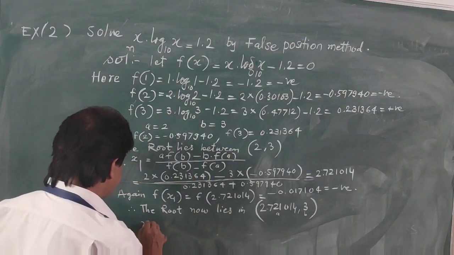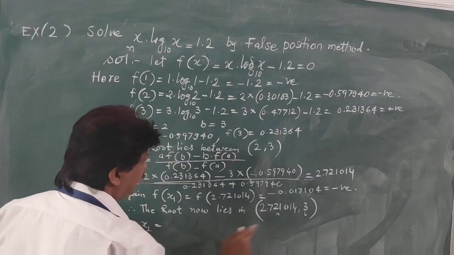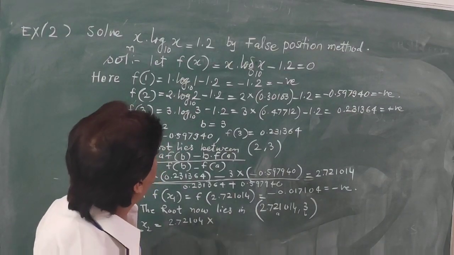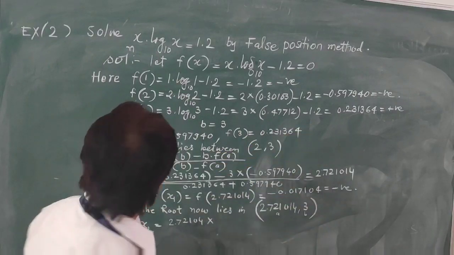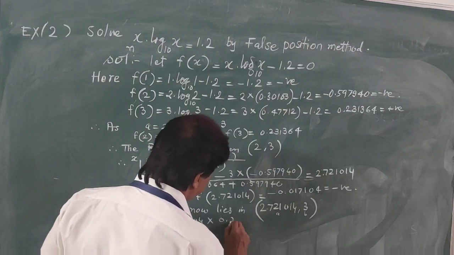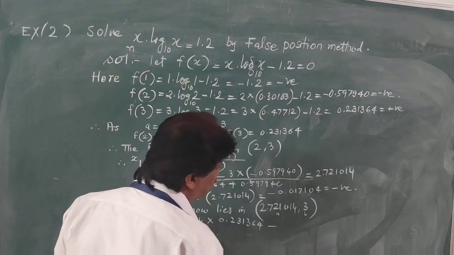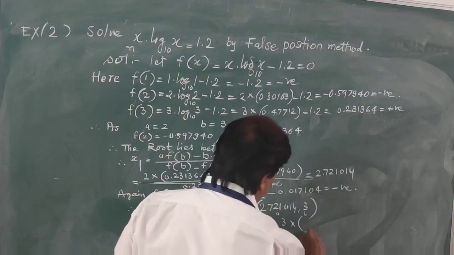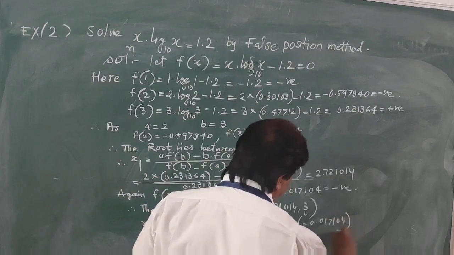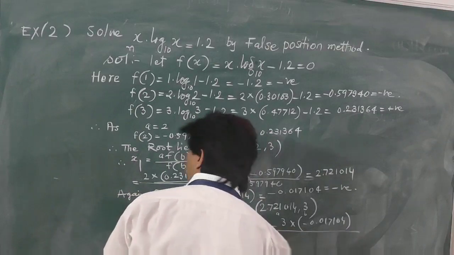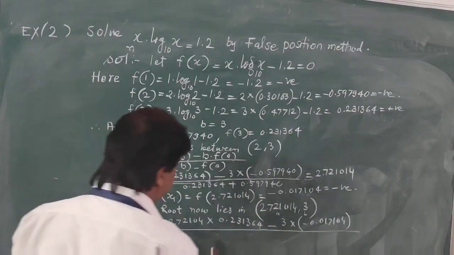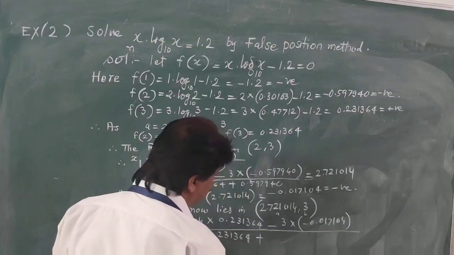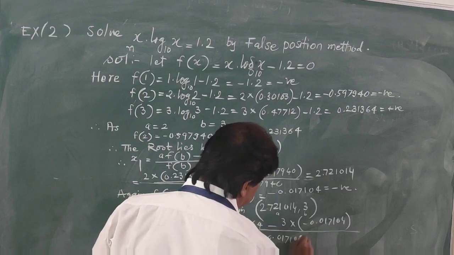Now x2 is equal to, the formula is A into f of B minus B into f of A, divided by f of B minus f of A. A is 2.72104, f of B, that is f of 3, is 0.231364. B is equal to 3, and the f value of A we have just determined is minus 0.017104.